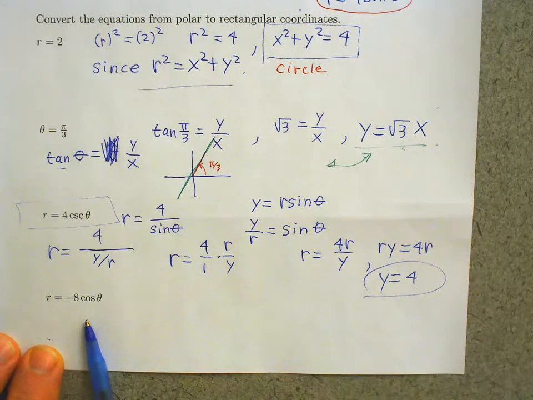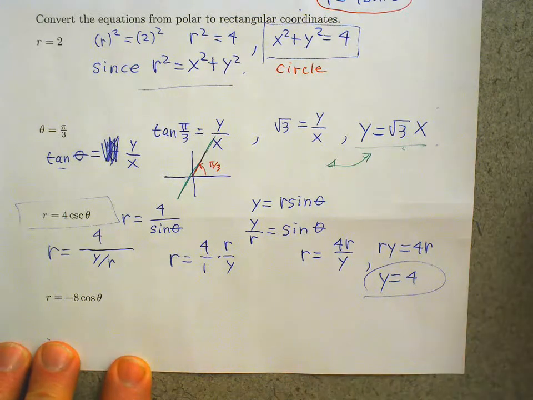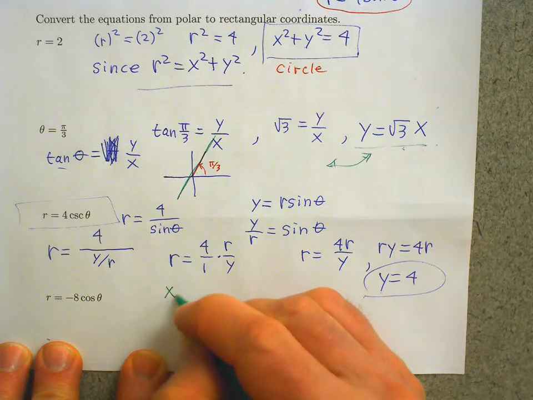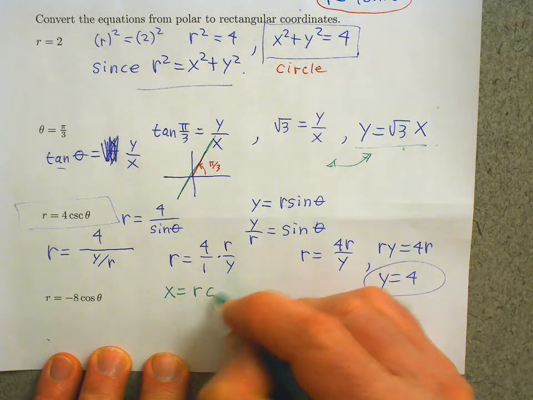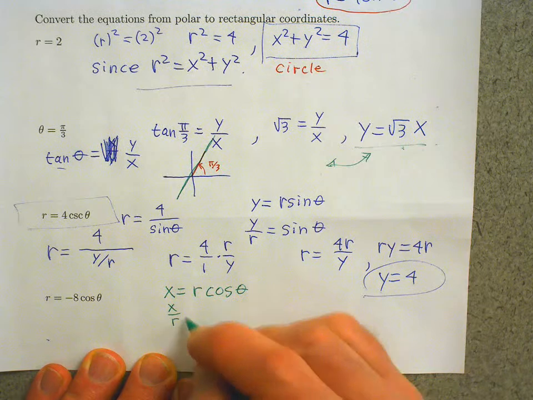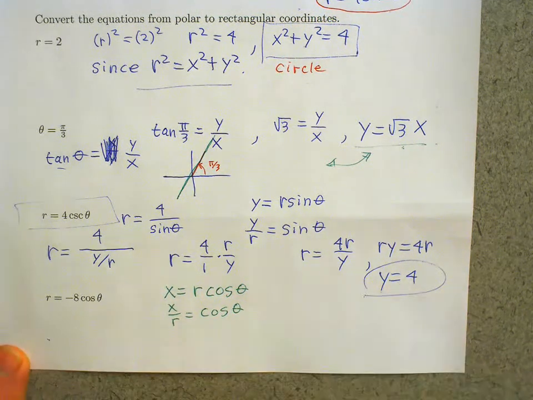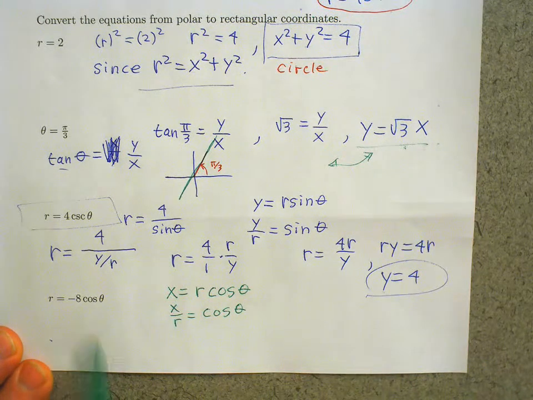Okay, this one, r equals negative 8 cosine theta. So let's remember that x is r times cosine theta. So x over r is cosine theta. So we will replace cosine of theta with x over r.